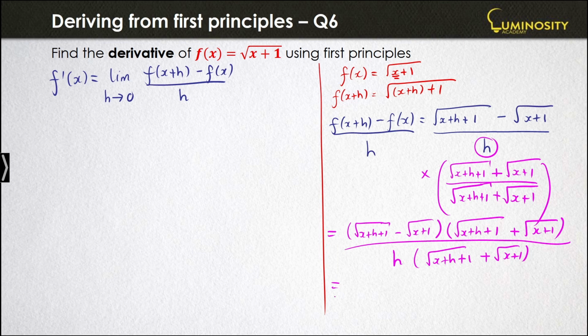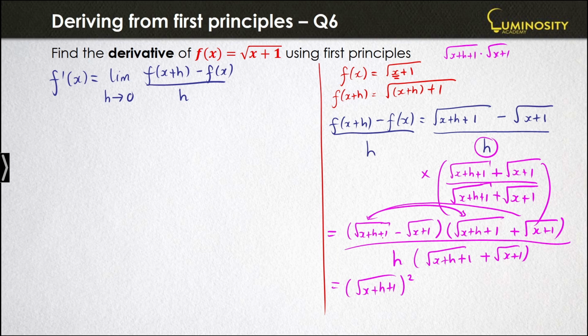Okay, so why do we rationalize? Because some terms will cancel, right? These square root terms are exactly the same, so when I multiply them together, it's essentially that term squared. The square root of x plus h plus 1 times itself is that expression squared. Then when we expand the first and last terms, we're going to have the square root of x plus h plus 1 times the square root of x plus 1.